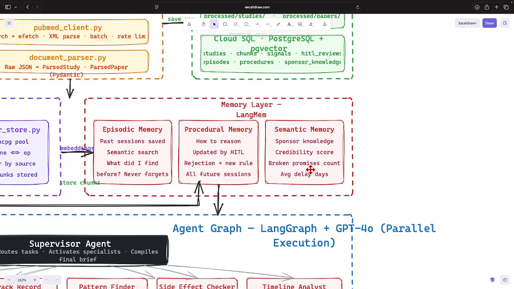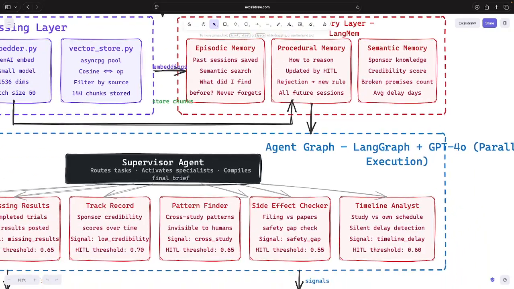For example, if a researcher claimed, I'm going to publish my research in the next 6 months, did the researcher really publish it in the next 6 months? Or if a lab claims our research is going to be a breakthrough in the field, and we are sure it is going to have more than 5,000 citations, did the research really get 5,000 citations as expected? All of that will be stored in the semantic memory.